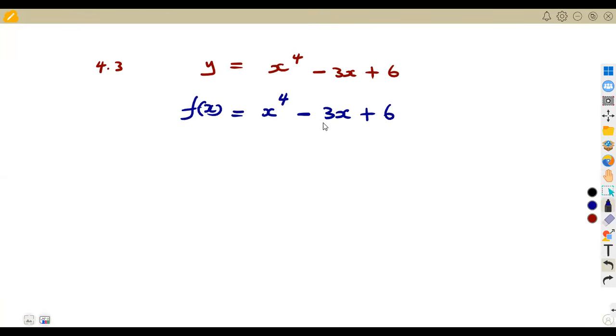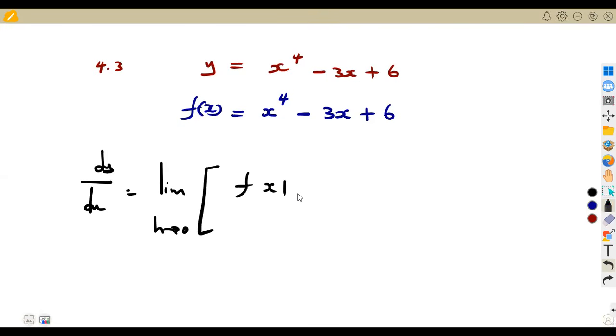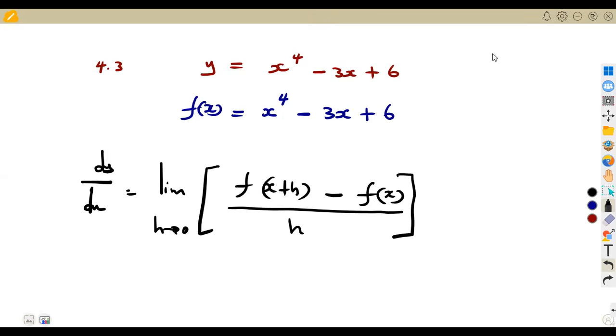Remember, we are using the first principles, and it states that the derivative of y with respect to x is the limit as h approaches 0 of f of x plus h minus f of x, everything over h. This is the formula that you are supposed to be using.